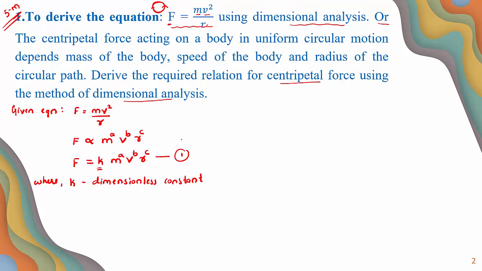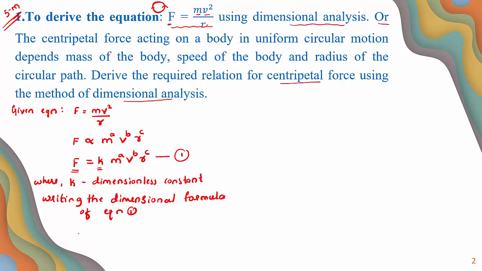Now we have to write the dimensional formula of equation 1. So the second step is writing the dimensional formula of equation 1. What is equation 1 here? F equal to k, m raised to a, v raised to b, r raised to c. See here how to write the dimensional formula. On the LHS, the term is F, force. What is the dimensional formula for force?